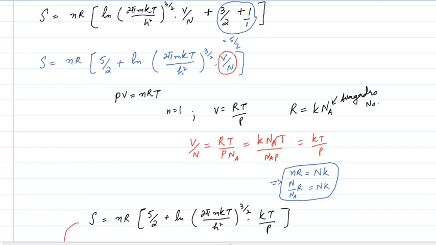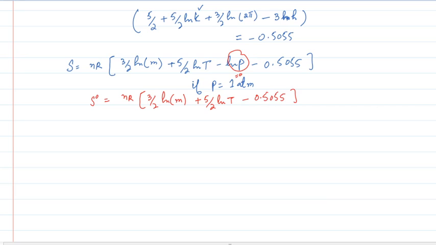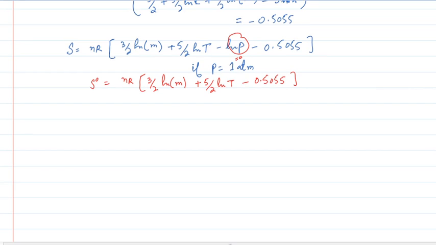Today, before discussing the pressure function, we will see that in the last video we basically took V by N equal to KT upon P, and many students asked how.